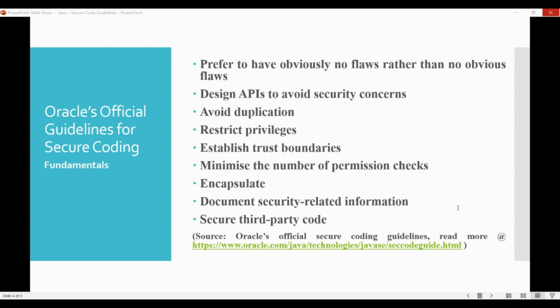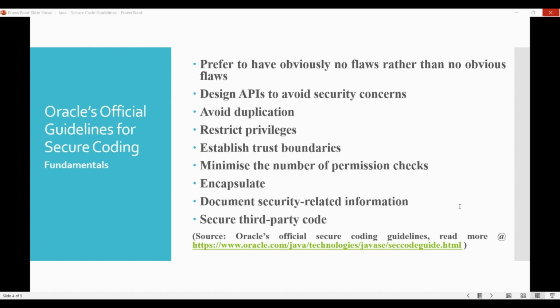The next point that has been mentioned is design APIs to avoid security concerns. So it is better to design APIs with security in mind. Next, it says avoid duplication. Duplication of code and data causes many problems, as we know, and that should be avoided.